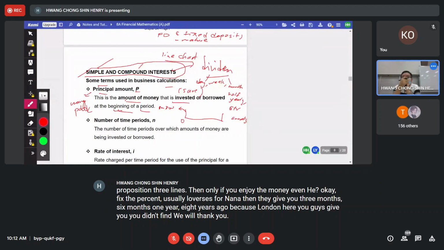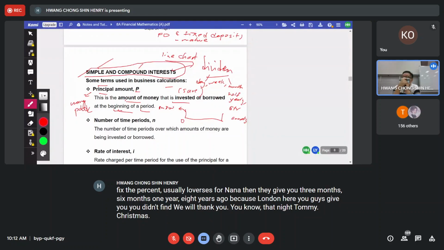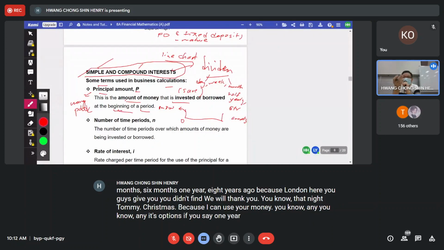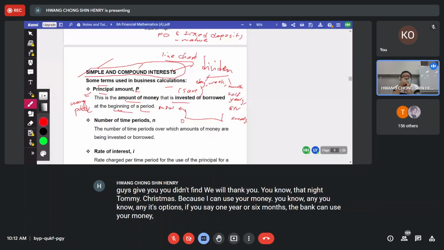You learn economy, business. Because the bank can use your money without any interruptions. If you save 1 year or 6 months, the bank can invest your money in other business, so you cannot touch. If you touch, your dividend burns.